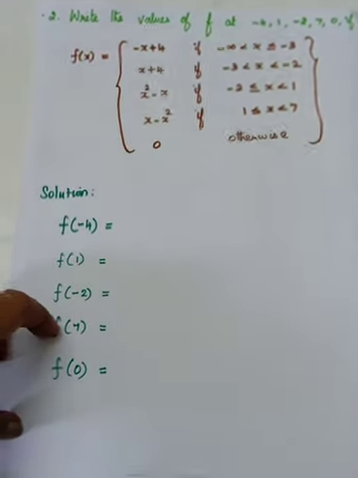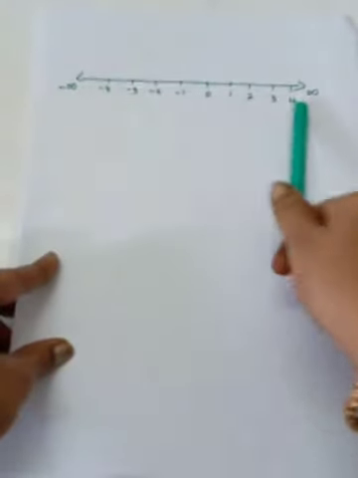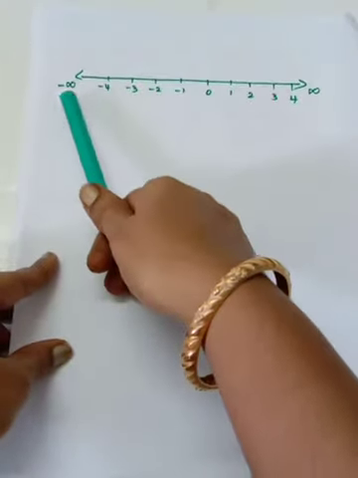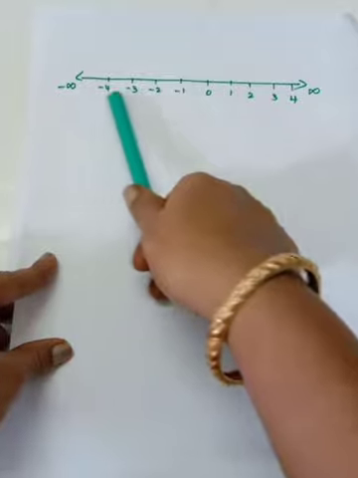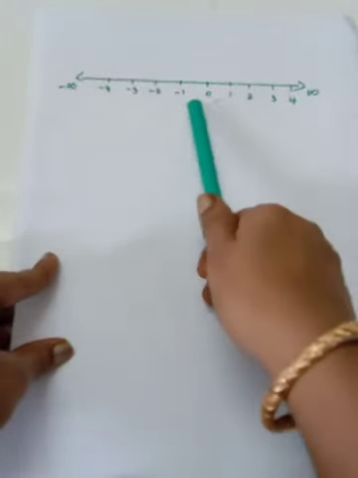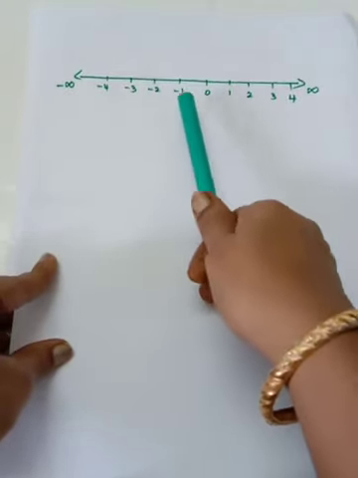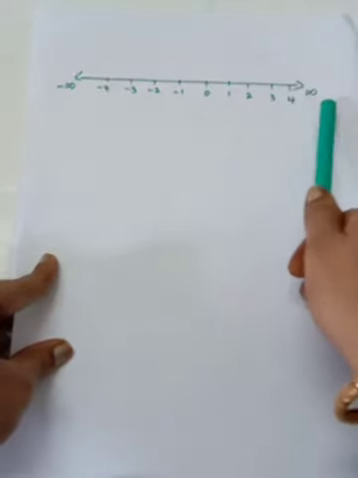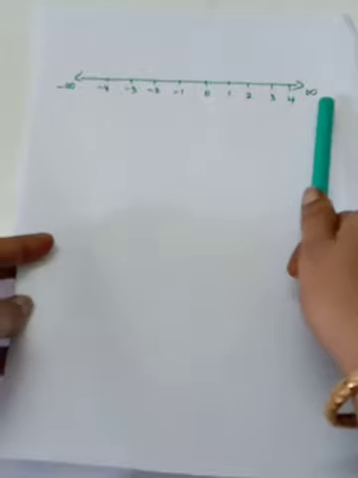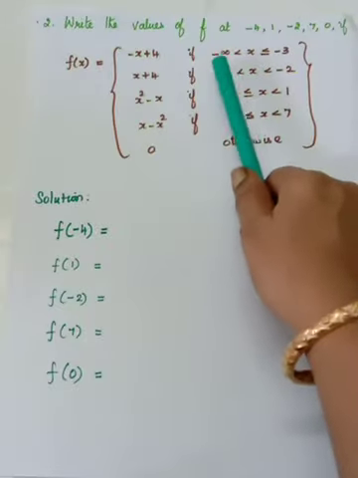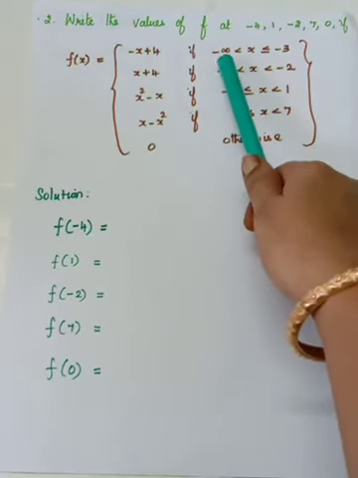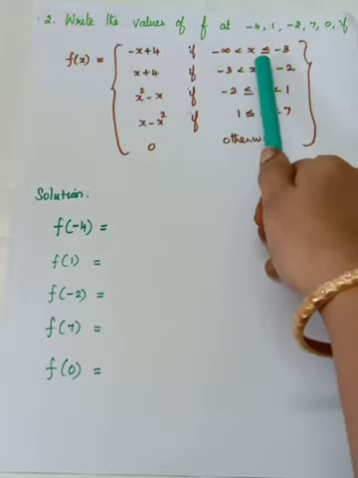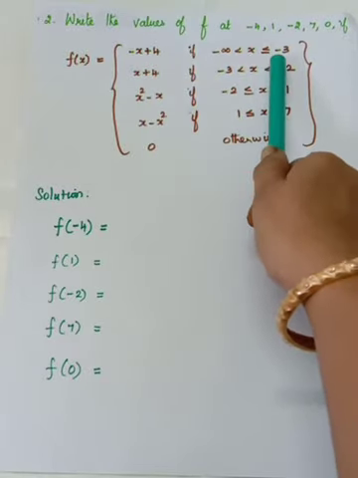So I have taken the real line. It starts from the left side, minus infinity, to plus infinity. Here I marked 0. These values are on the left side and these values are on the right side of 0. Look at the first interval: x takes values minus infinity less than x less than or equal to minus 3.